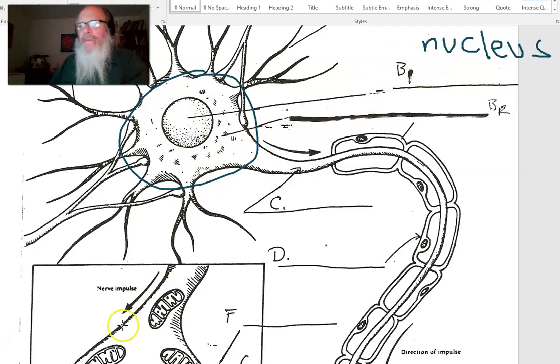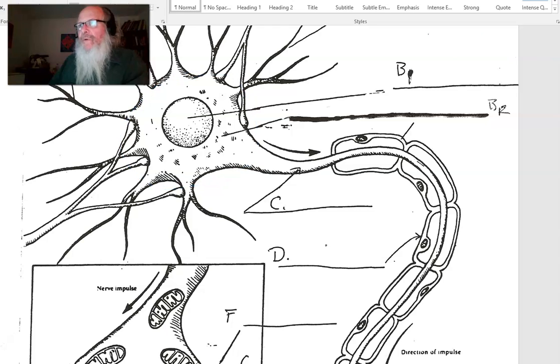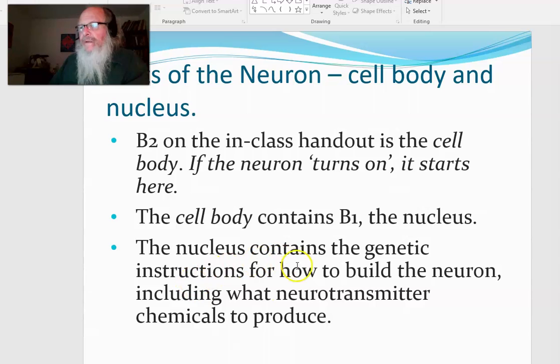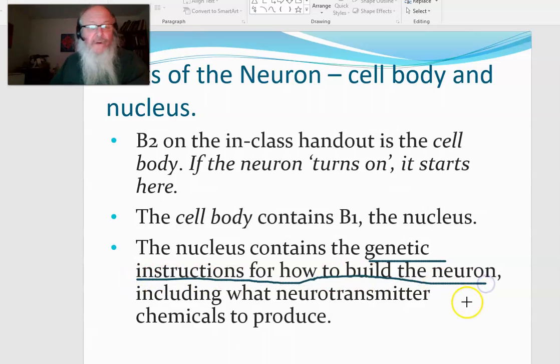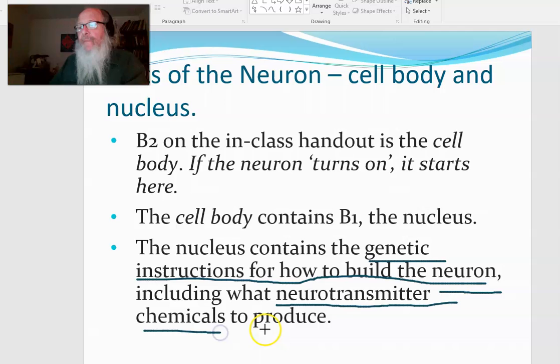And an important thing to remember about the nucleus for our purpose is that the nucleus contains the genetic instructions, both for how to build the neuron, how to make the cell that we're talking about into this particular type of cell, the neuron, but also what neurotransmitter chemicals to produce.